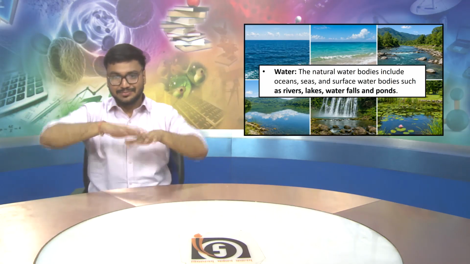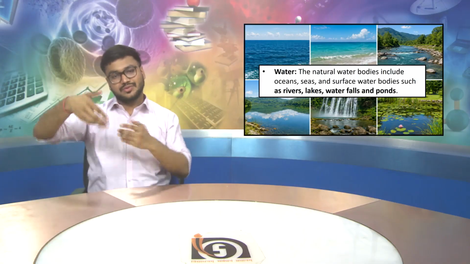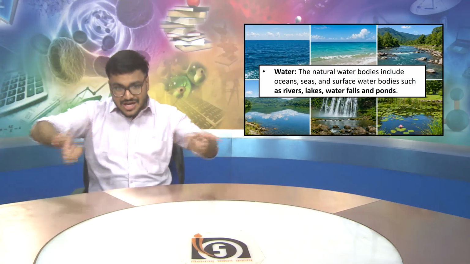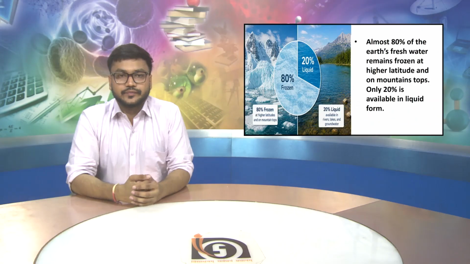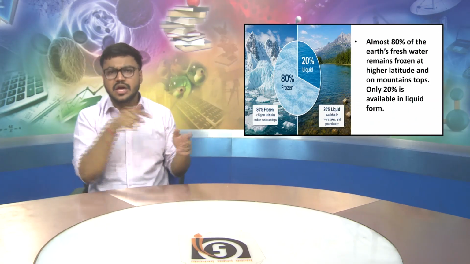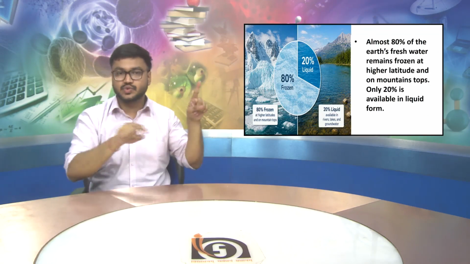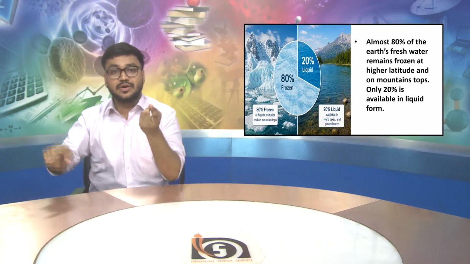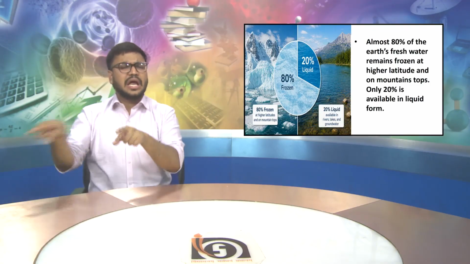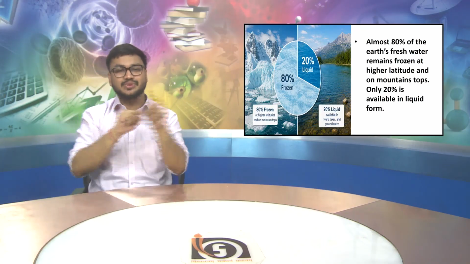Next is water. The natural water bodies include oceans, seas and surface water bodies such as rivers, lakes, waterfalls and ponds, etc. Almost 80% of the Earth's surface is covered with water, but most of it is fresh water that remains frozen at higher latitudes and on mountain tops; only 20% is available in liquid form.